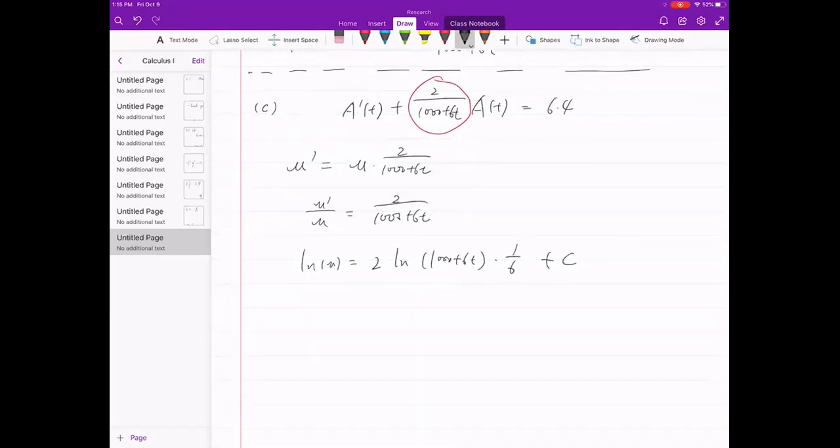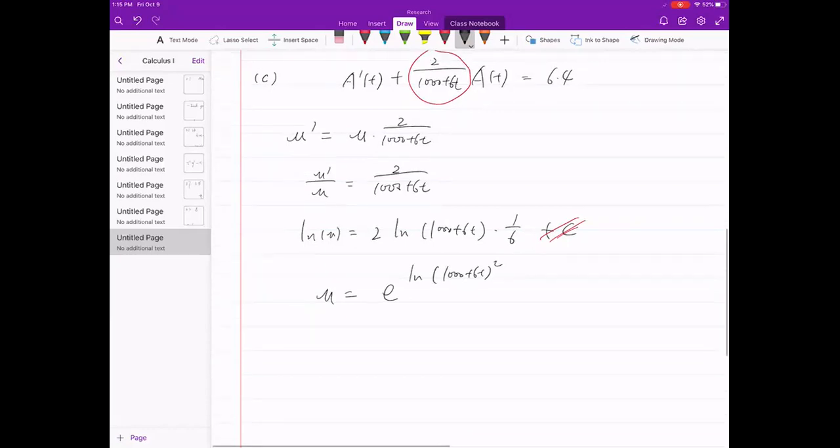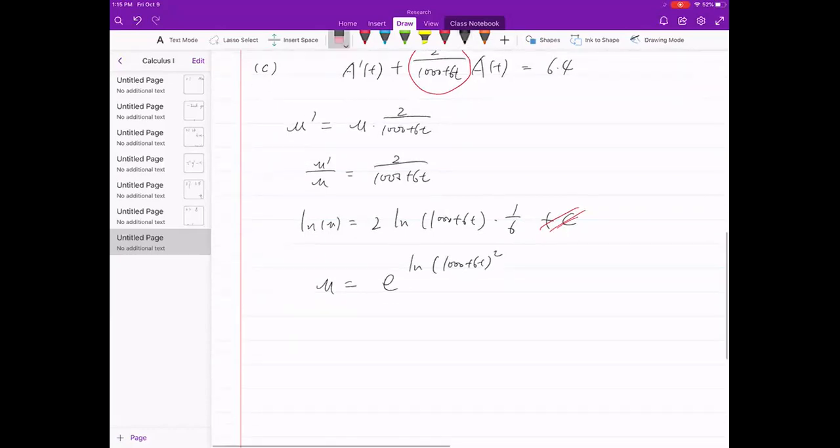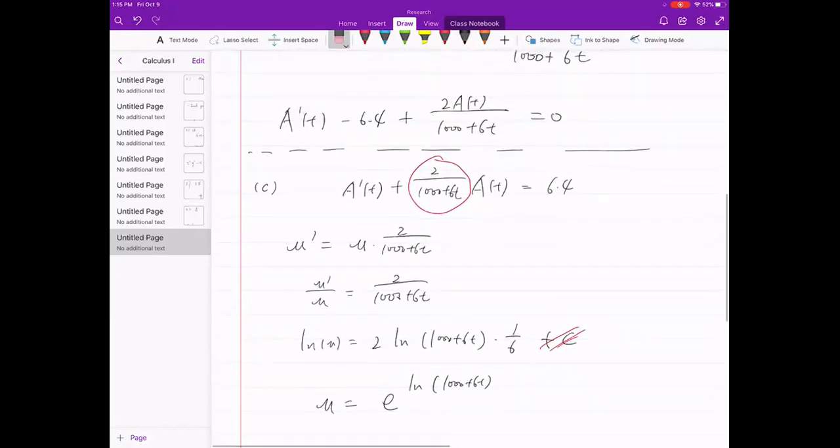We can pick any c, so let's just pick c to be 0. So we got this, and then mu is nothing but e to the ln... no, 1/3. Something doesn't feel right. Did I have a 2? I guess I have a 2.